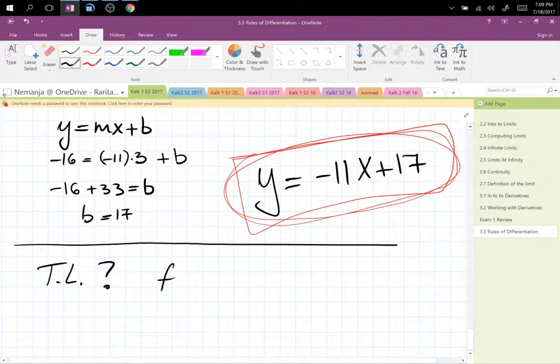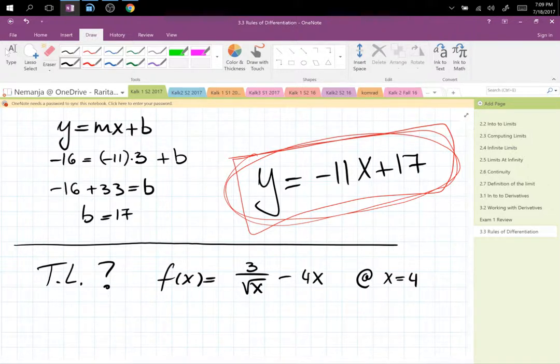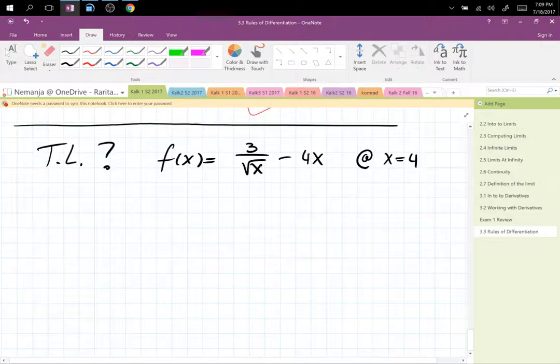And let's say that the function f of x is 3 over square root of x minus 4x at x equals 4. So let's see what you get. Do the entire procedure, the derivative, everything else.